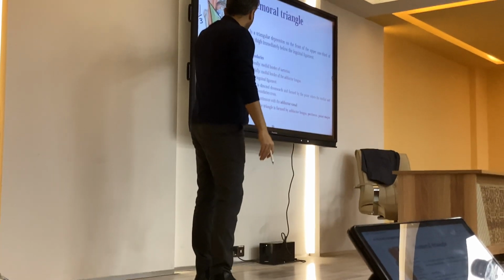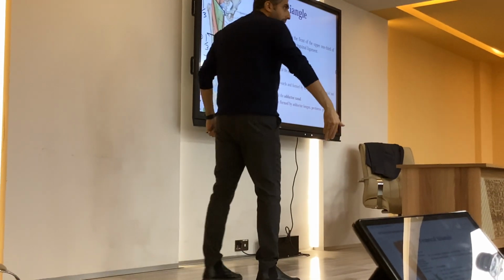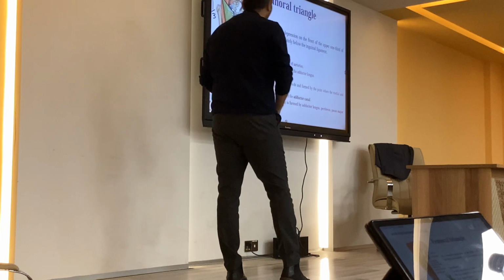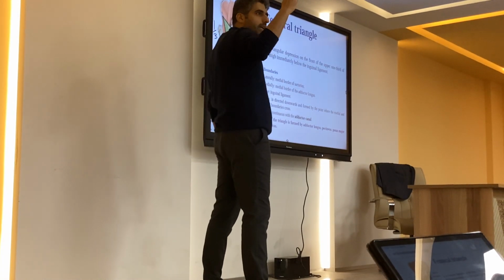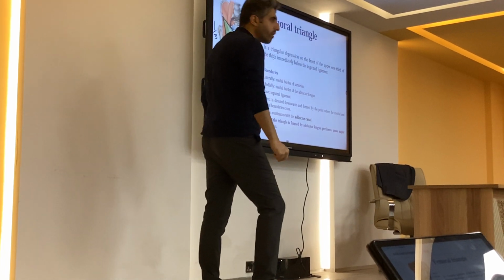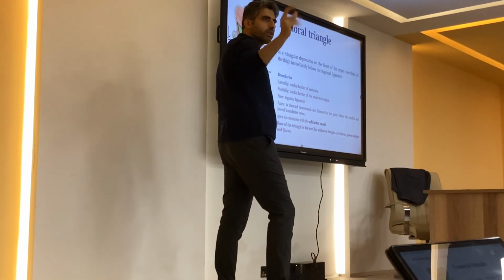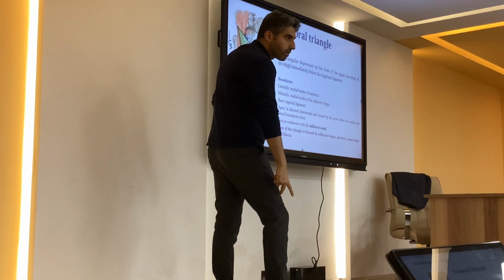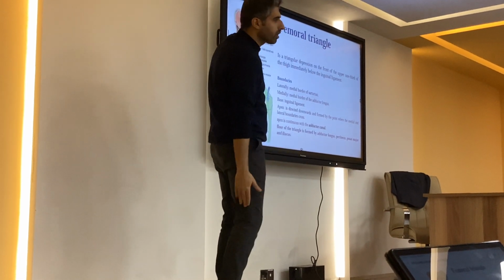The lower 1/3 goes to the back, here: the popliteal fossa. So again, if we divide the thigh into three parts, in the upper one-third we have a triangle, in the middle one-third we have a channel, and in the lower one-third we have the popliteal fossa.